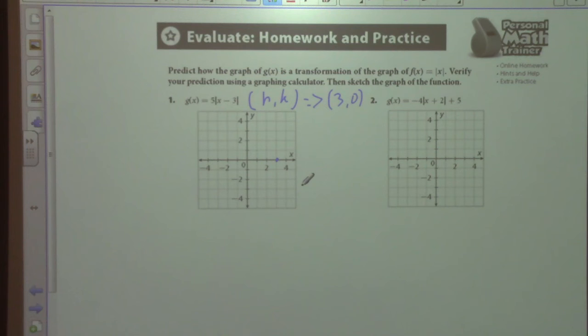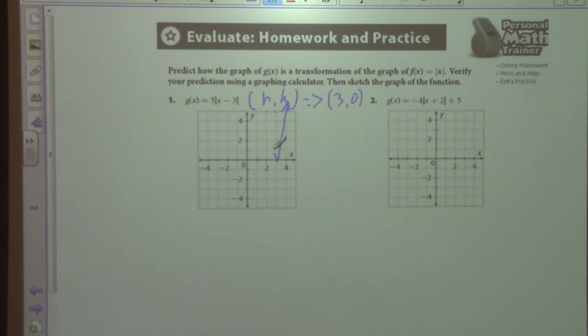Vertically stretch by a factor of 5. Okay, good. Yes, thank you, Haley, and anybody else who said similarly. Good work. So it's going to look something like this. And then this one's going to be 5 over that way.